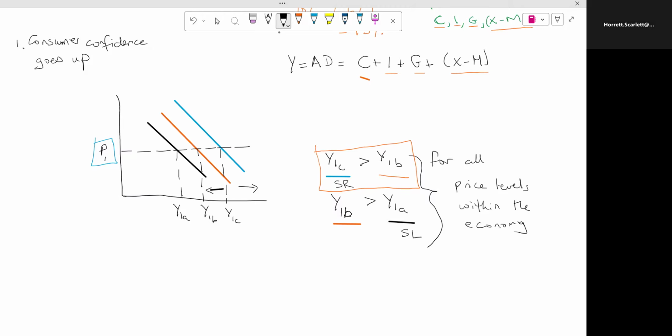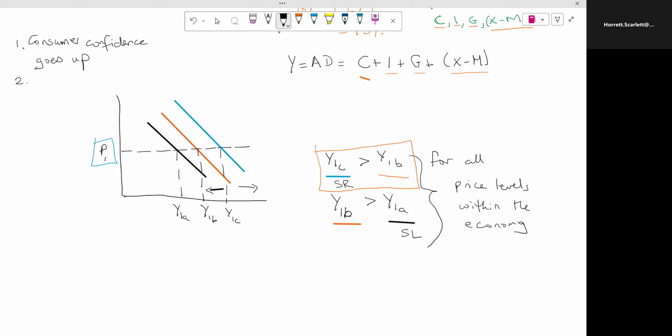And based on that, they may borrow loans from friends and family to buy work clothes or to go back to school. And all of this would stimulate more spending within the economy. So if the consumer confidence goes up, then there can be a shift in the curve, and we are shifting to the right.